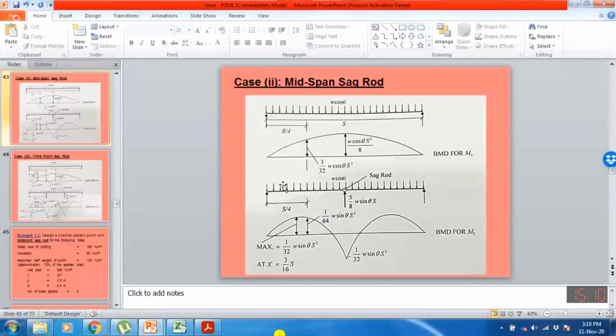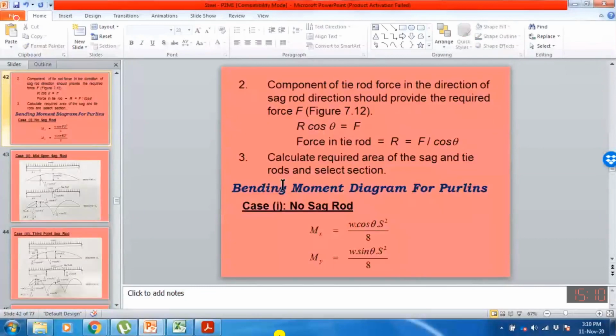If you open page number 79 of the LRFD manual, then you can see this diagram.